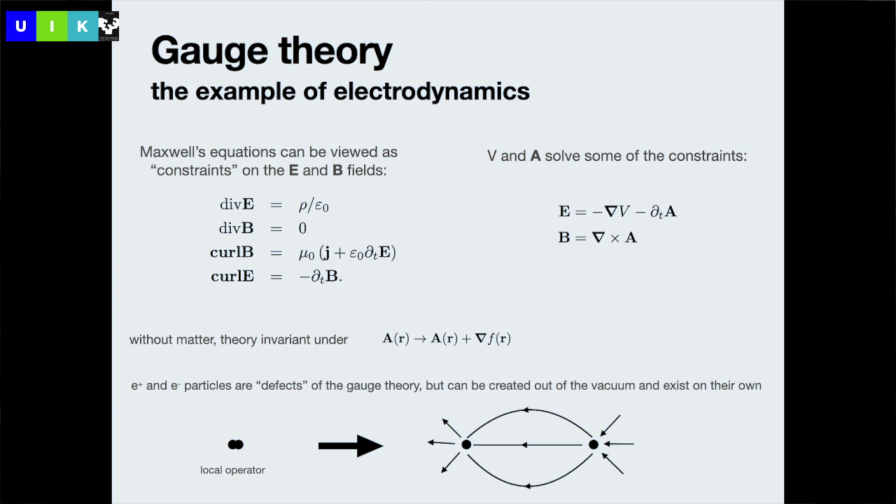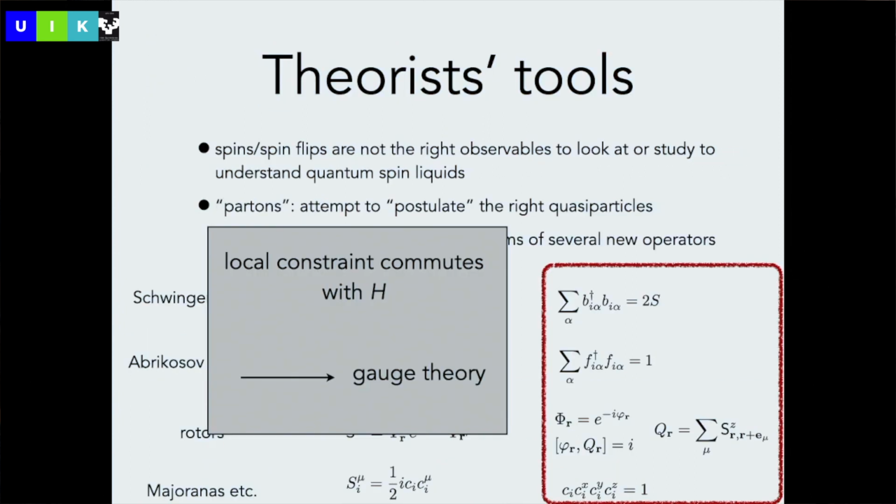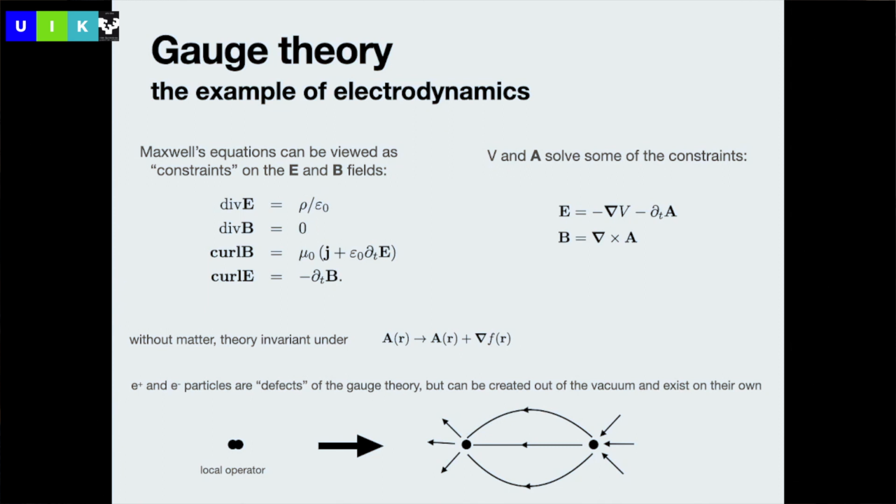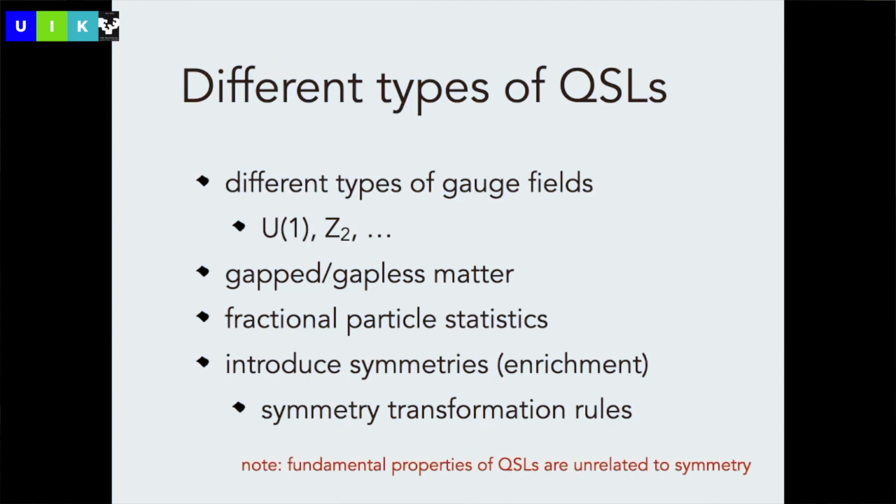So you have the gauge fields, which come from these constraints that you defined if you're a theorist. And then you have these quasi-particles which are almost free. They're only constrained by the existence of the field lines that must emerge out of the particles.